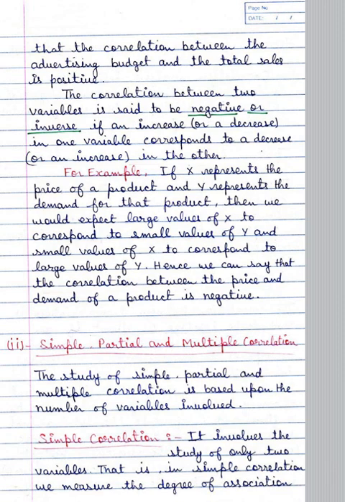If X represents the price of a product and Y represents the demand for that product, then we would expect large values of X to correspond to small values of Y and small values of X to correspond to large values of Y. Hence, we can say that the correlation between the price and demand of a product is negative. So, there is a negative correlation between the demand and price of any product.